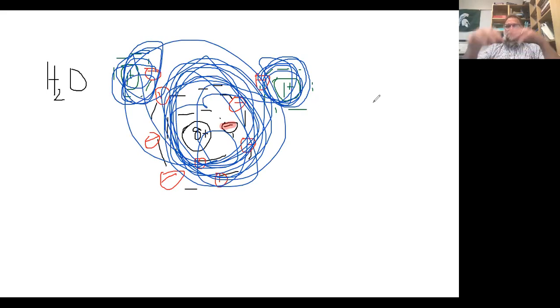As a result, because the electrons are going to spend more time around oxygen because of the big discrepancy in electronegativity, the oxygen is going to be slightly, or we say partially negative, because at any given moment, there's more electrons than there are protons.